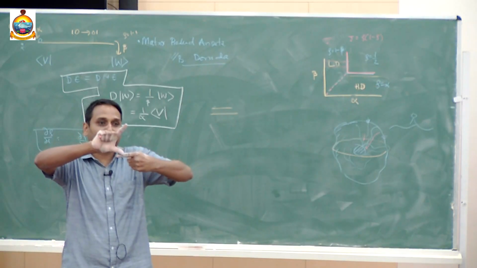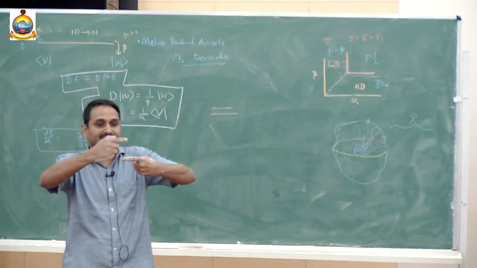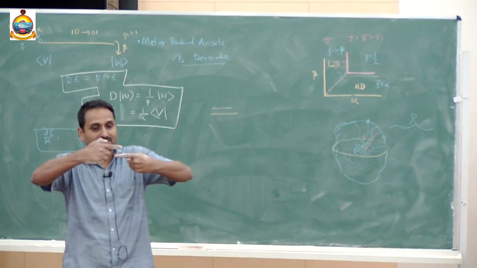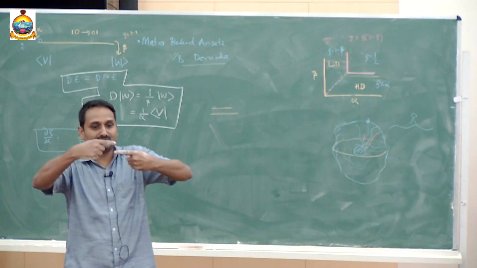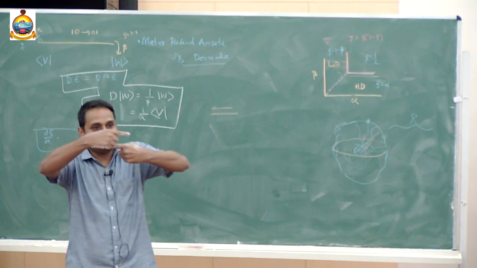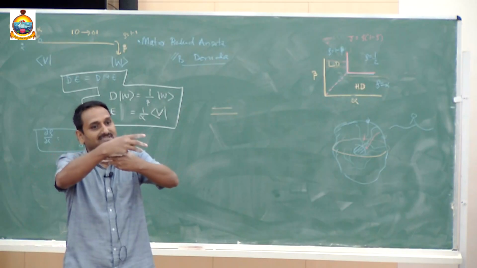This motor has 2 legs. One is attached to this finger, and one to this finger. These are actin polymers. Then this one starts walking this way, and this one will start walking this way. So if you start like this, after some time it will just move. Okay, so this is the way the muscles contract.